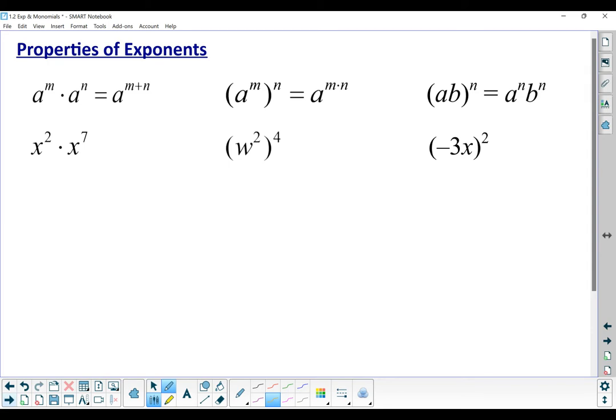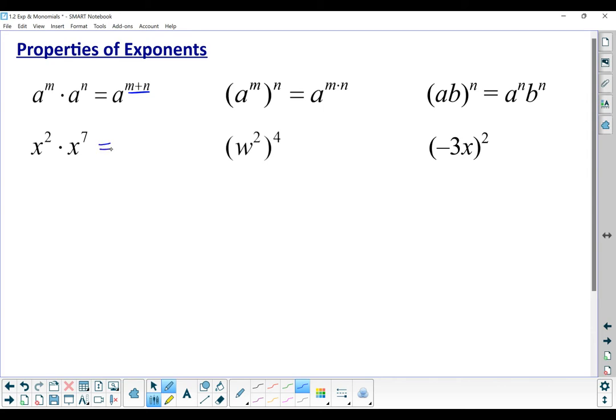So here are some properties of exponents when we have multiple exponents in an expression. We might want to be able to combine them into a simpler form. If you have two separate bases, so we have base a here and base a here, and they each have an exponent, we can add together those powers. This is because exponents are just showing repeat multiplication.